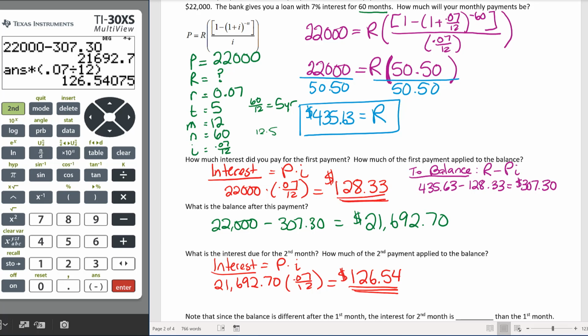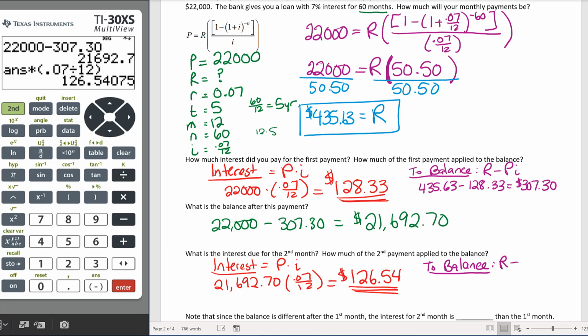Now, this is different than the first month's interest. The reason it's different is because you owe less, and so you owe less interest. How much now is going to the balance? Remember, you still paid the same exact $435 recurring payment.